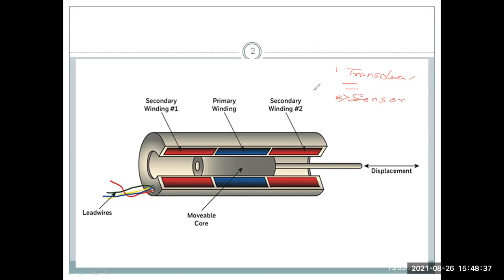We have to measure it. It may be the flow rate of wind. These things are first sensed by one device, which is called a sensor.